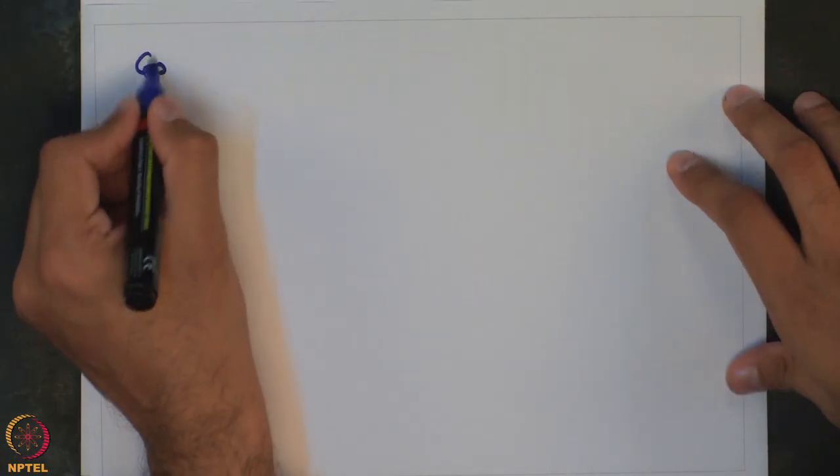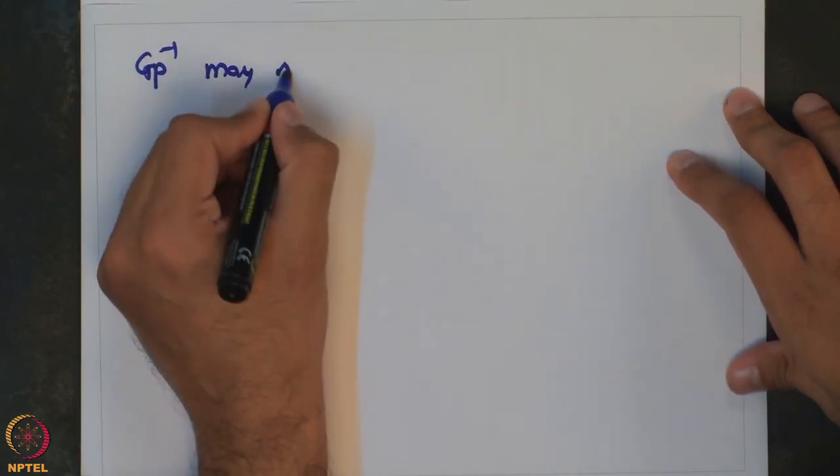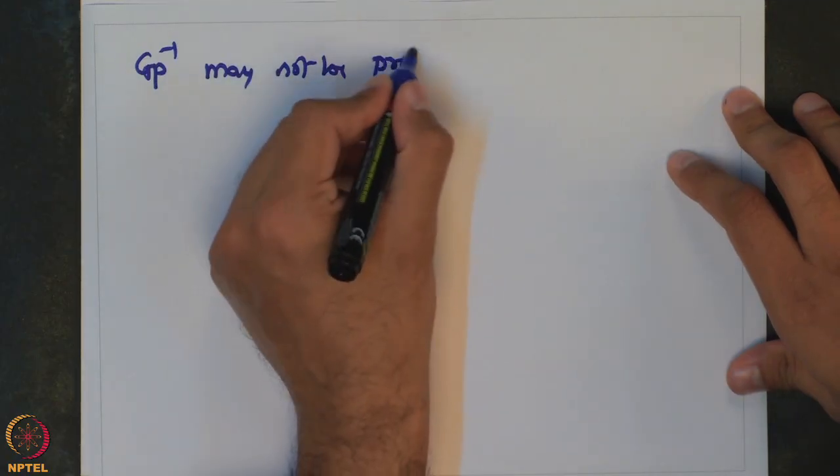Another limitation, not exactly a limitation but in terms of implementation, is that when you take an inverse of the transfer function, the transfer function which you get for the controller may not be proper. So, GP inverse may not be proper.